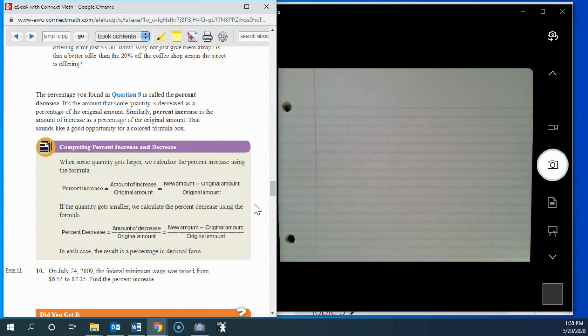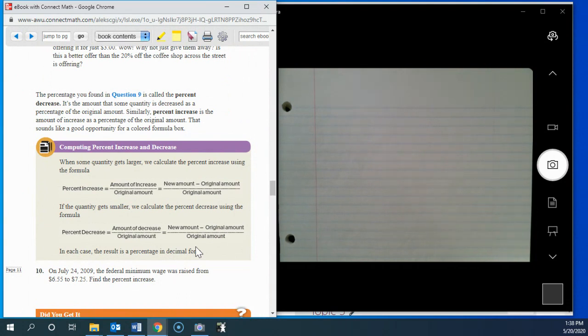Now, if the quantity gets smaller, we calculate the percent decrease using a formula. Percent decrease is the amount of the decrease over the original amount. It's the new amount minus original amount divided by the original amount. Now, I want you all to pay attention here. Both of these formulas are exactly the same. So all you have to do is remember the formula for one of them, and you have a formula for both.